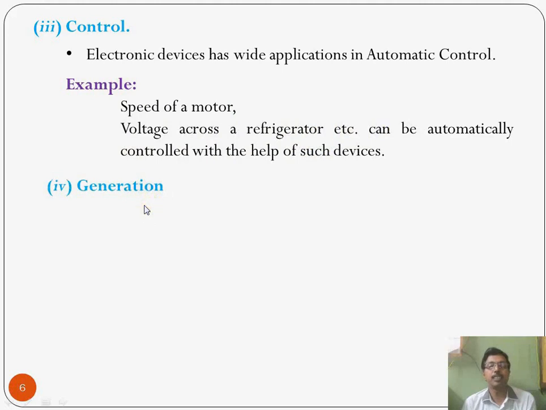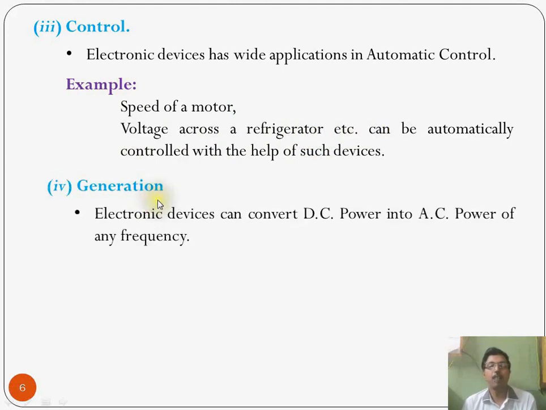The next one is generation. Generation means how we are able to generate different kinds of signals. In our domestic applications, we are using a 230 volt AC supply. That supply is a sinusoidal signal. But in electronics industries, we need to use various kinds of signals like sine wave, square wave, triangular wave, or pulses.